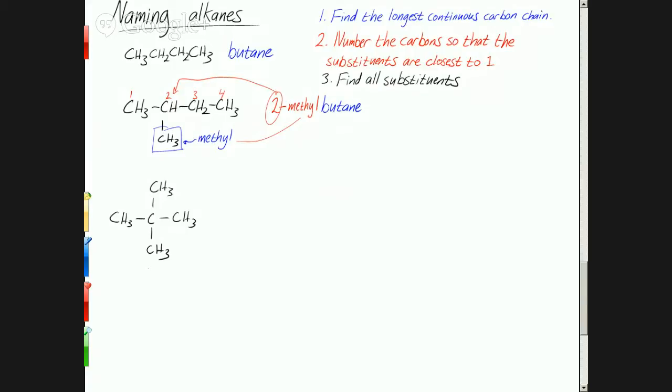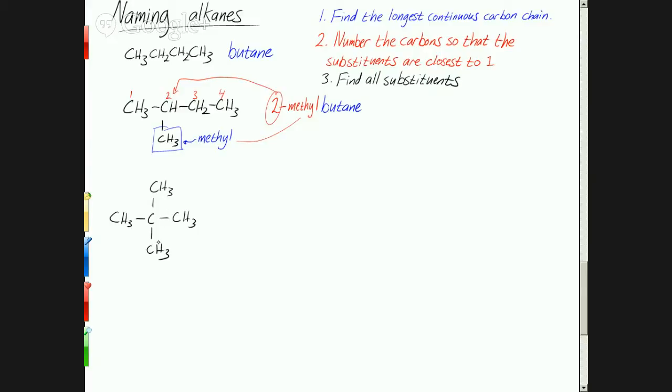Let's go through the steps here. What's the longest chain in this molecule? How many carbons are in the longest continuous chain? Actually, it doesn't really matter where you count it in this case.